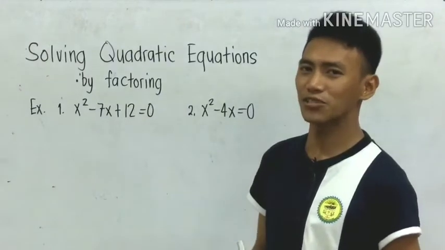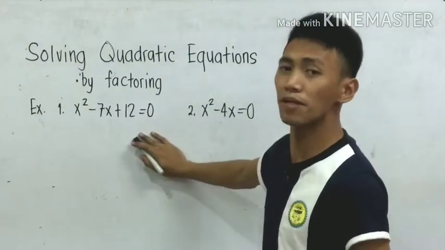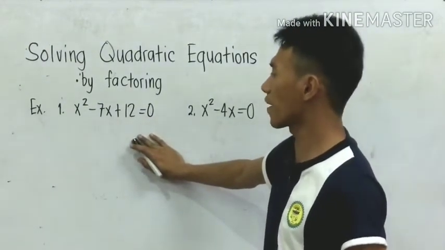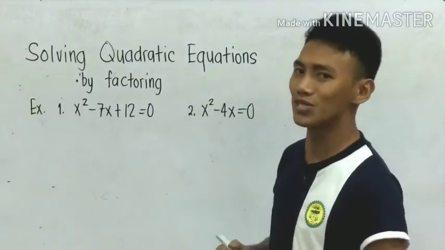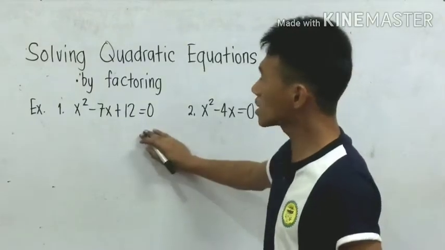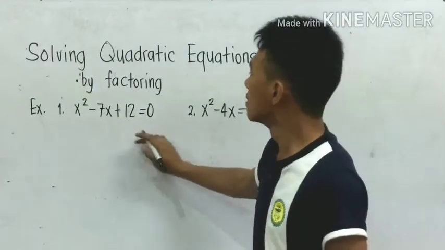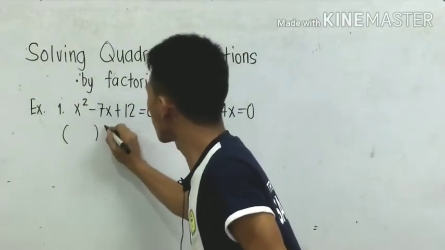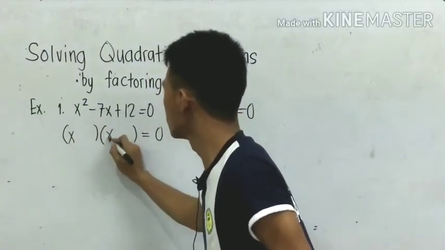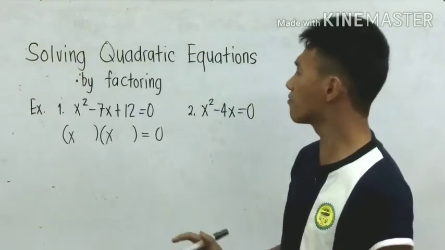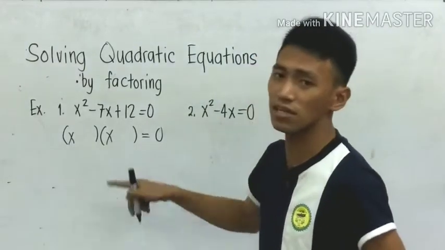So let's proceed to the examples. We have example number 1 here, x squared minus 7x plus 12 is equal to 0. So, kung unsa may buhaton nato una ani. Mag-factor ta. So, let's x ta diha. Unsa may values nga atong ibutang diri karon?